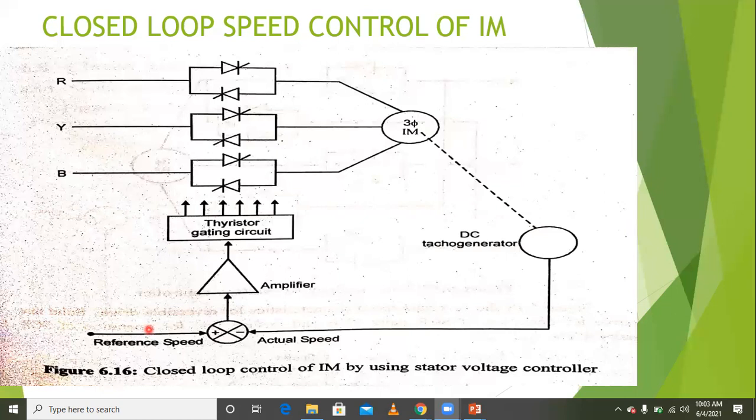The conduction period of the SCRs increases, by using the thyristor gating circuit.